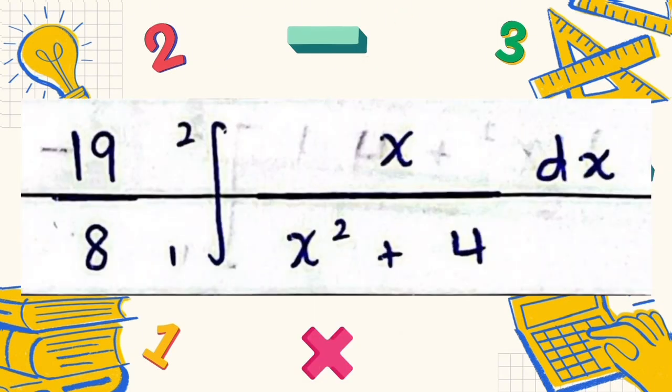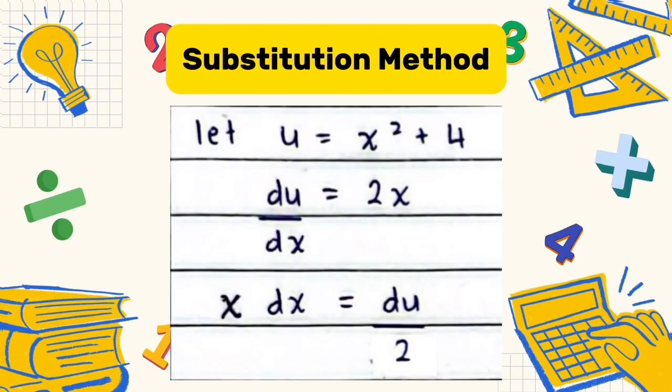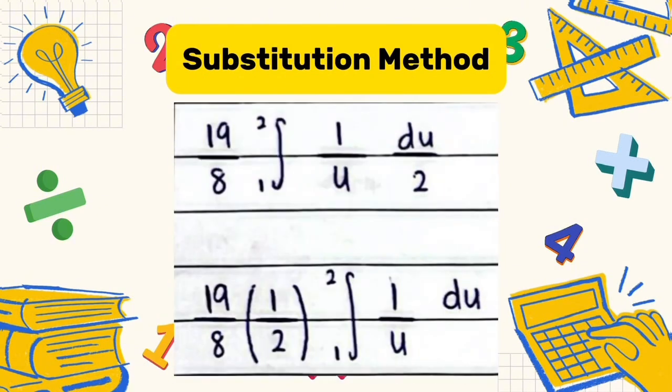Next, for the second term, we have 19x over 8 times x squared plus 4. We use u substitution by letting u equal x squared plus 4. Differentiating gives du equal to 2x dx, which we rearrange to x dx equal to du over 2. Substituting this back, the integral becomes 19 over 8 times the integral of 1 over u times du over 2.